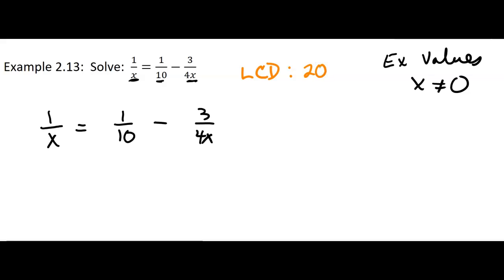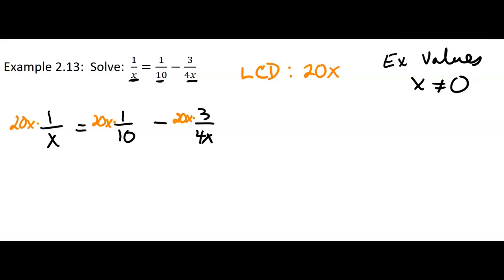You might be saying 40x, but you could do that, but it's not necessary. That wouldn't be the LCD is the problem. So 20, and then I also have to have a factor of x. So everybody gets multiplied by 20x. Each term gets multiplied by 20x. Now, if you want to put 20x over 1, so you remember, oh, it's in the numerator, that's fine.